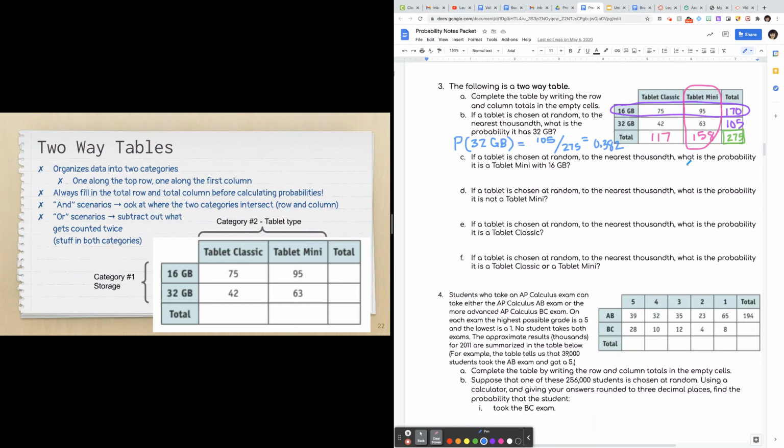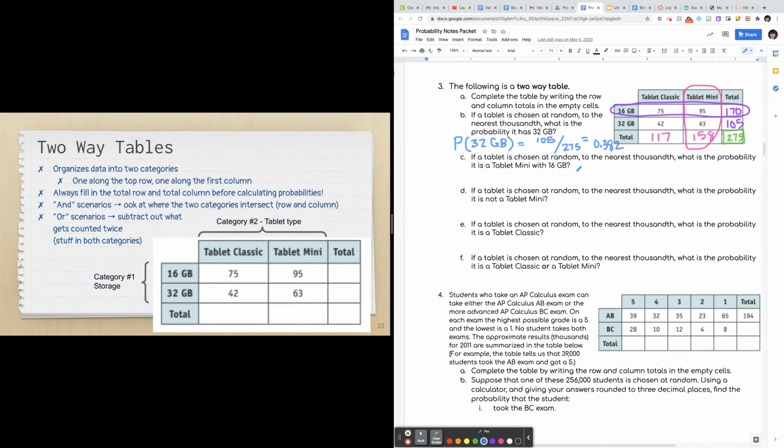All right, so let's look at part C, because this is going to be an and probability. This says, if a tablet is chosen at random, what's the probability to the nearest thousandth that it is a tablet mini with 16 gigs?